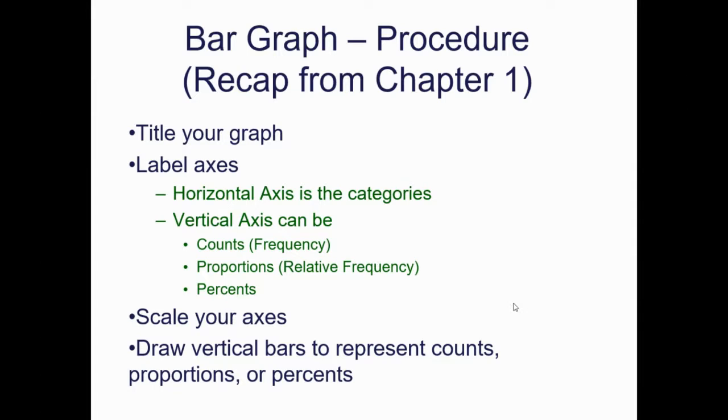So you're telling me that gap between 27 and 28 is the same as the gap between 28 and 32? That's a little misleading there. And make sure you scale your axis appropriately.